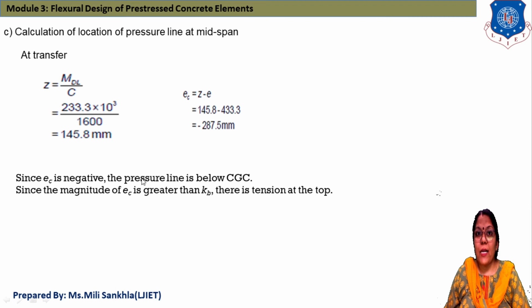Now here our eccentricity EC is negative. What is the meaning of this negative eccentricity? The pressure line is below the centroid of concrete. If our eccentricity is positive, that means the pressure line is above the CGC level. If our eccentricity is negative, that means our pressure line, thrust line, C line is below the CGC level.